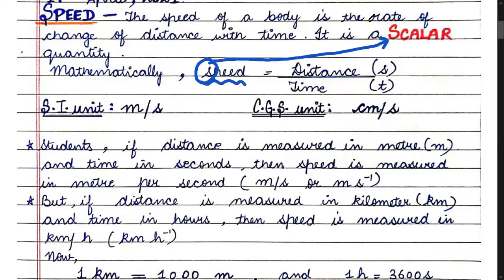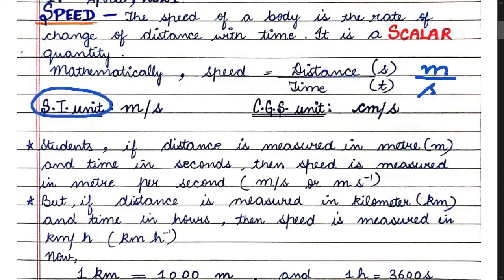So, children, let us learn the unit of speed. If distance is measured in meter, then time is measured in seconds. So, standard international unit is meter per second. The standard international unit for speed is meter per second.